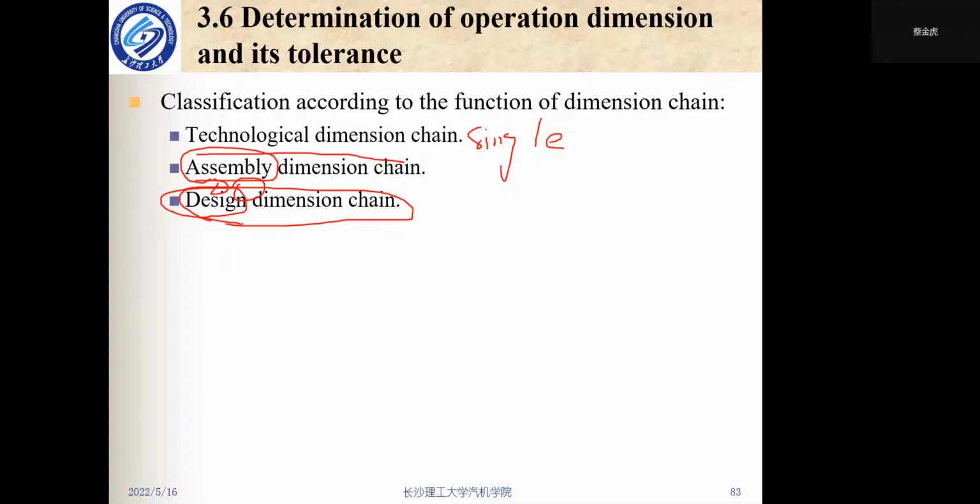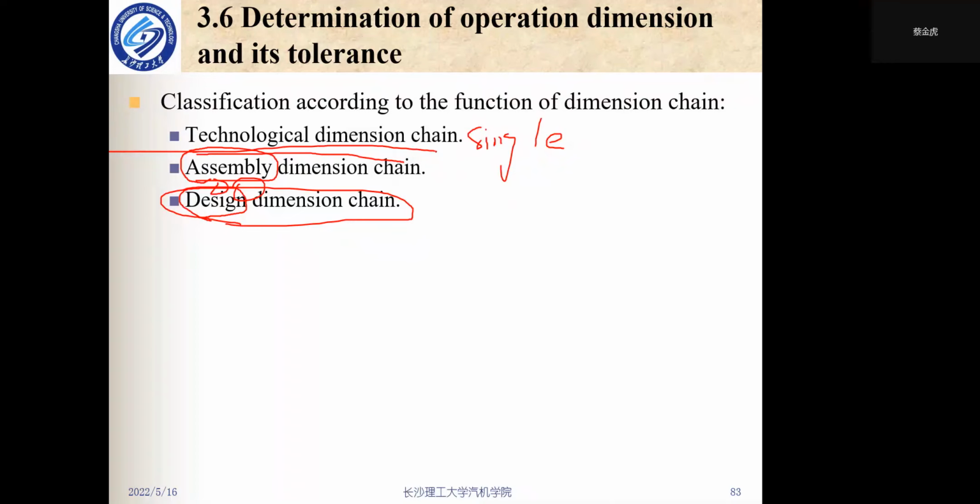The first one is the typological dimension chain, which means the dimension chain formed by some related dimensions of a single component in the machining process is called the typological dimension chain.